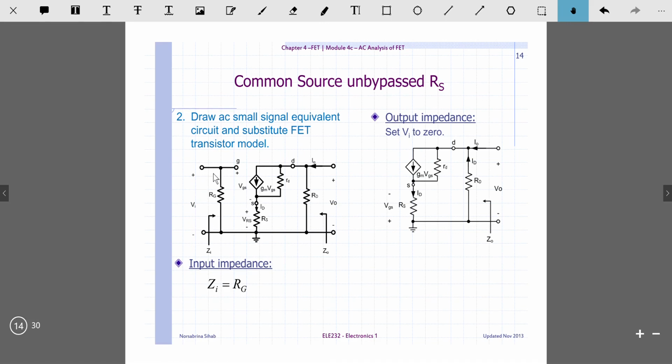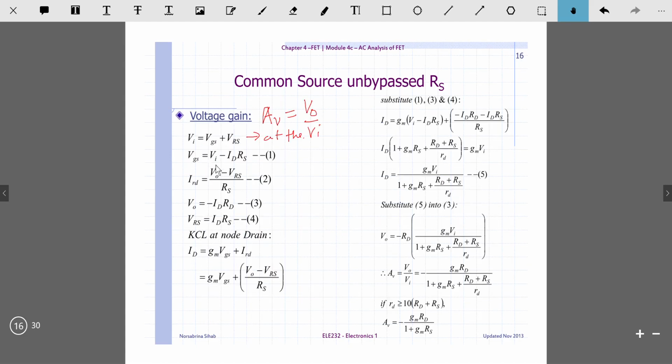Look at my cursor over here. At the input, the equation is minus V in plus VGS and then plus VRS equal to 0. Minus V in plus VGS and then plus VRS equal to 0. So from here you can get this equation.